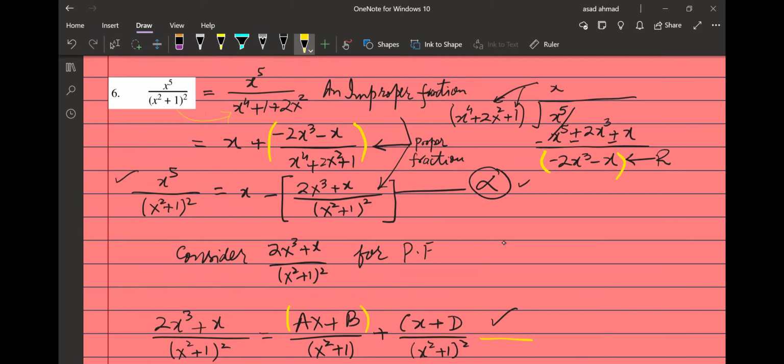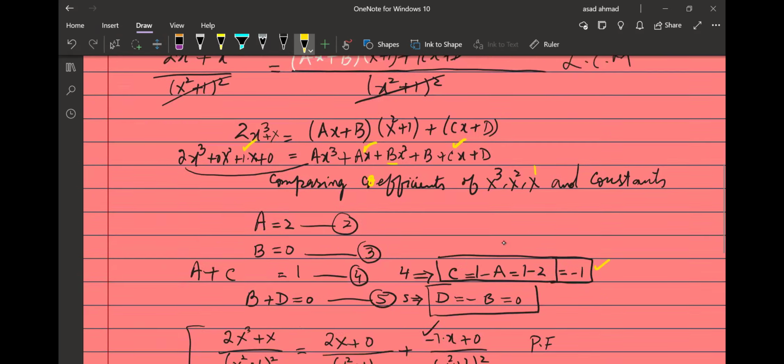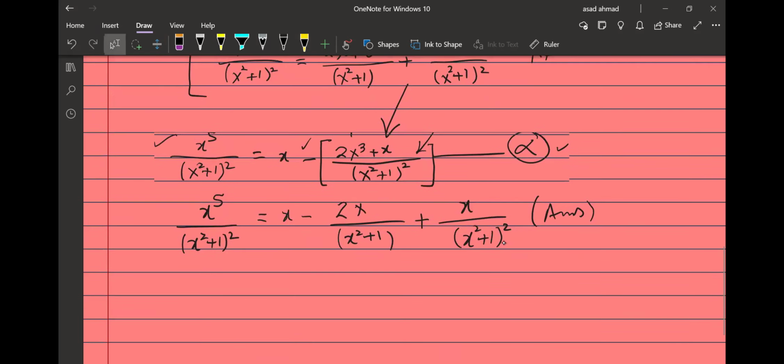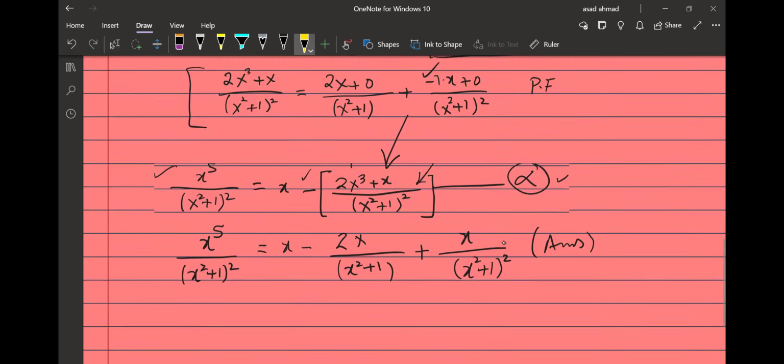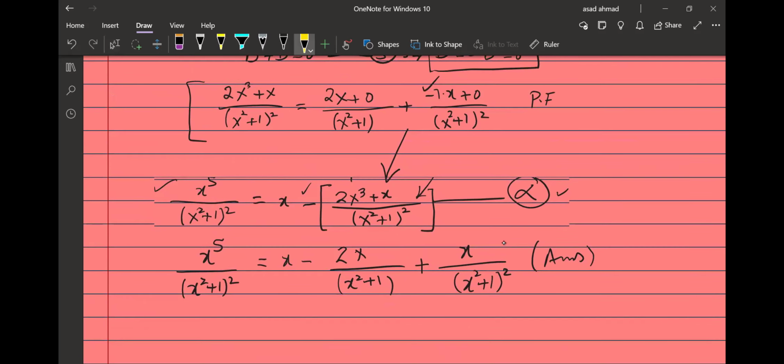So we just need to place the answer of the partial fraction in this bracket, and I have rewritten this expression of alpha once again. And in this portion, I'm substituting the value of the partial fraction we have done in the above steps. So once the values are substituted, as the minus sign is outside the bracket, it will change the signs. And this is how the question will be completed. So it is an important question and has appeared in the board exams many times before.